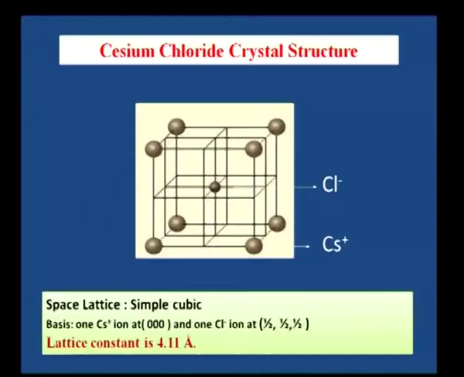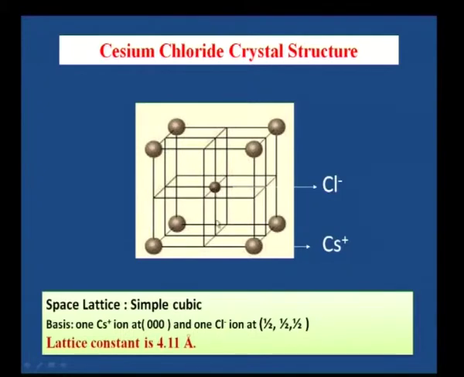The basis contains 2 ions, one ion at the origin, cesium at the origin with coordinates 0 0 0, and the chlorine has got the coordinates half half half, right, half along the x axis, half along the y axis, half along the z axis.